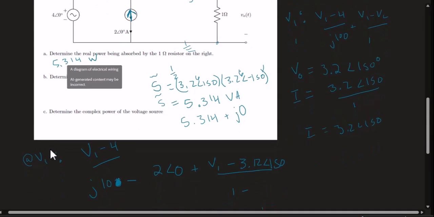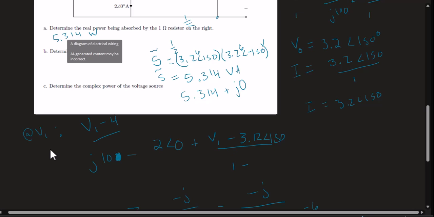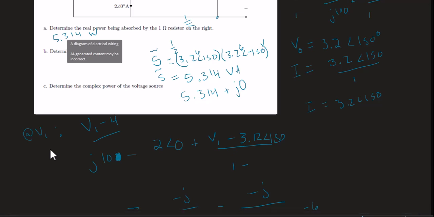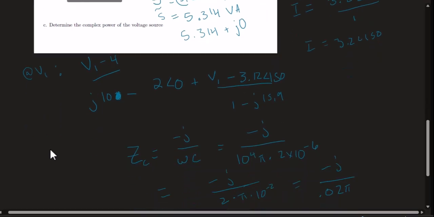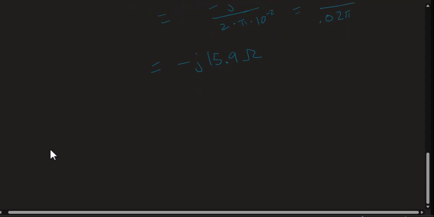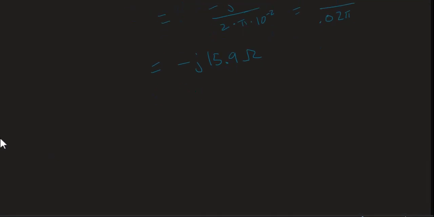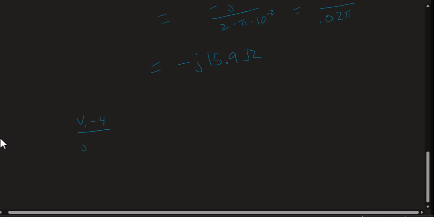So this is 1 minus J 15.9. So let me rewrite that whole nodal equation again neatly. So I have V1 minus 4 over J10.